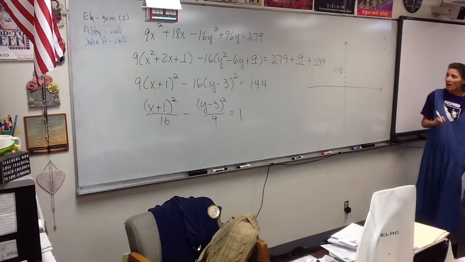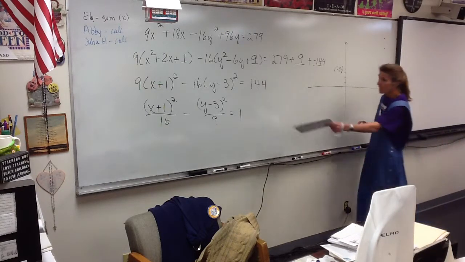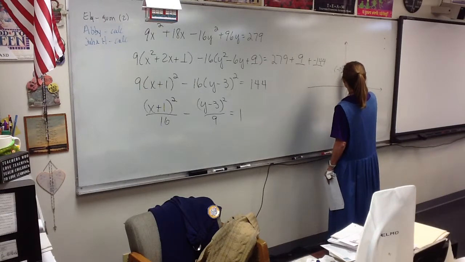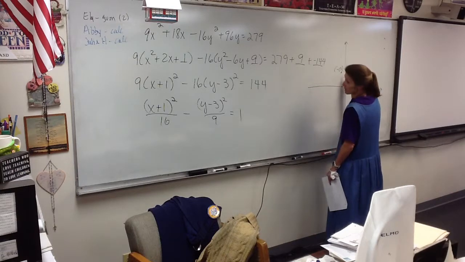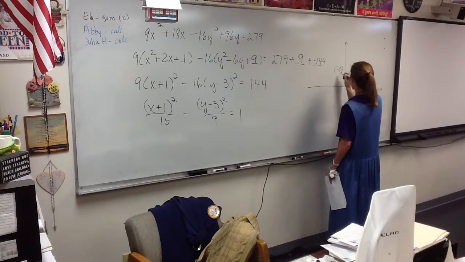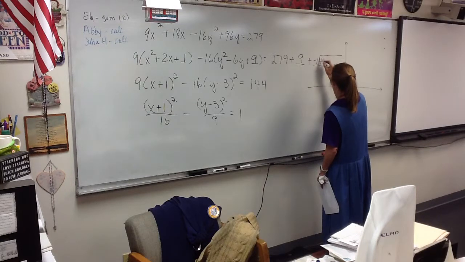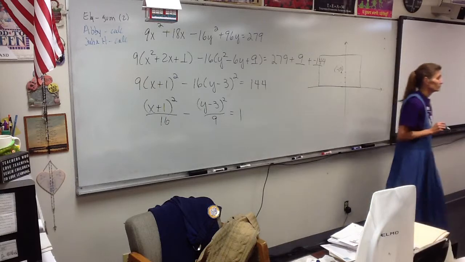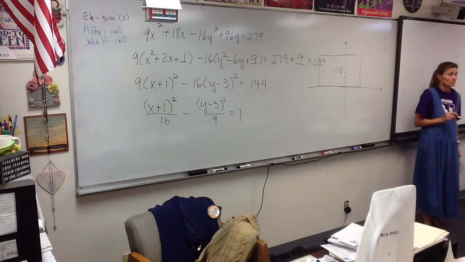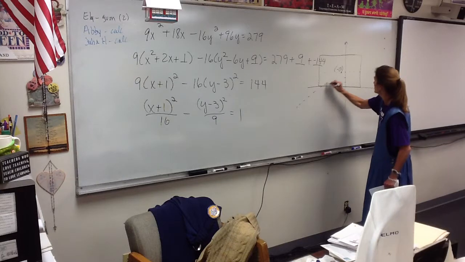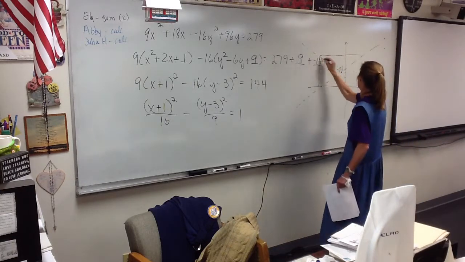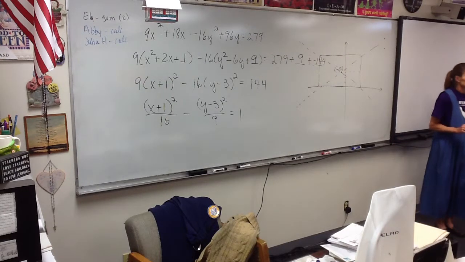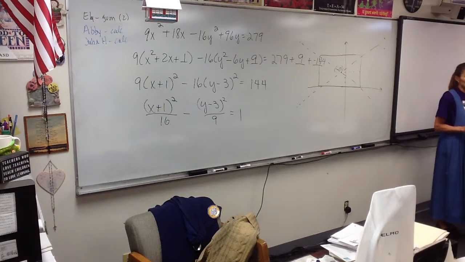Now, if I'm going to build the box, I'm going to count up and down 3, and sideways 4. Here are my asymptotes then. Which way is this guy open?